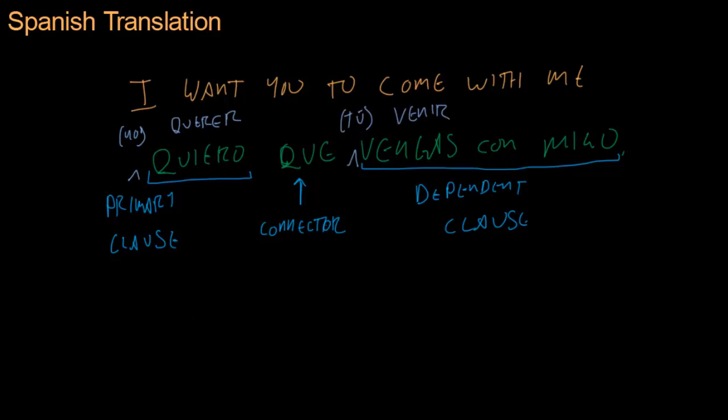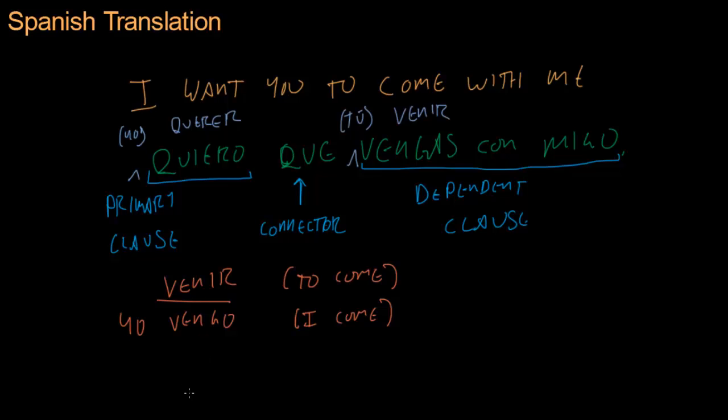And I'm going to go over how to conjugate words in the subjunctive mood. So we start with venir in the infinitive, which means to come. And then we conjugate it in the yo form, yo vengo, which means I come.